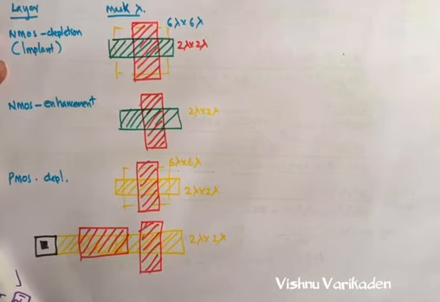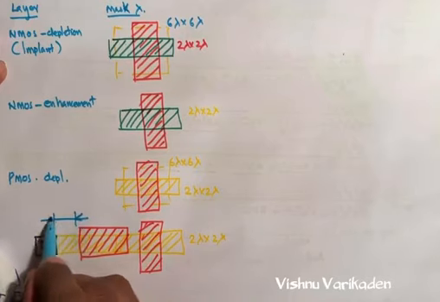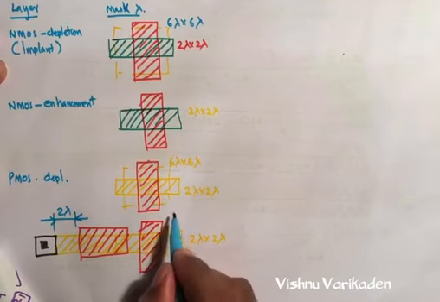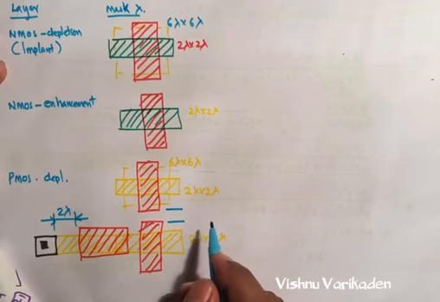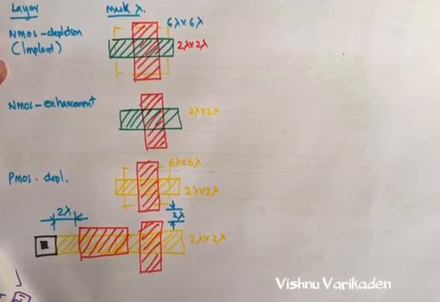So in between the polysilicon to the contact cut is 2 lambda. Also this one is 2 lambda into 2 lambda. And one more thing is, the distance between the transistor to the another one is 2 lambda.